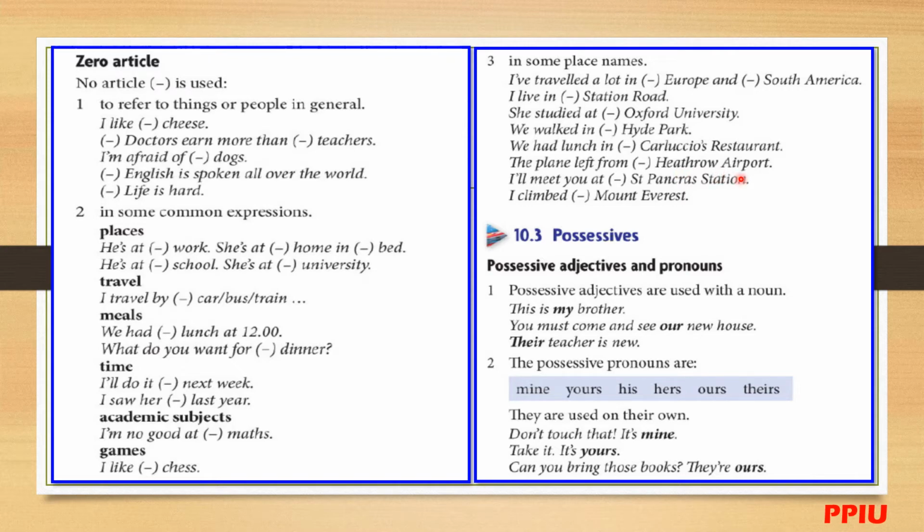I'll meet you at St. Pancras Station. I climbed Mount Everest. So for those places, no need for an article. Some names of places.